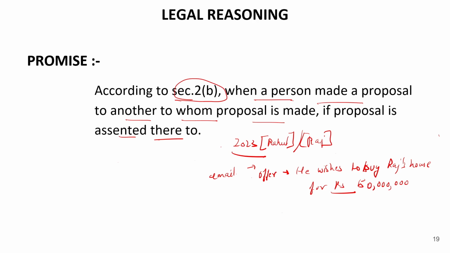So when we talk about the offer communicated by Rahul to Raj via email, stating that he wishes to buy Raj's house for rupees 50 lakhs, the offer has been made by Rahul to Raj.